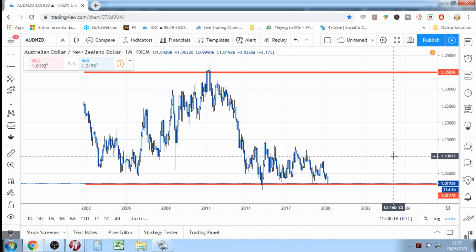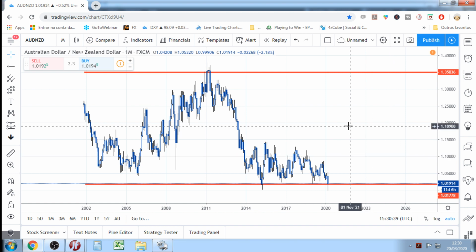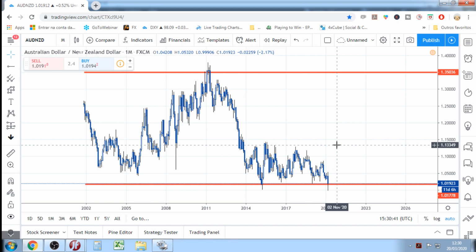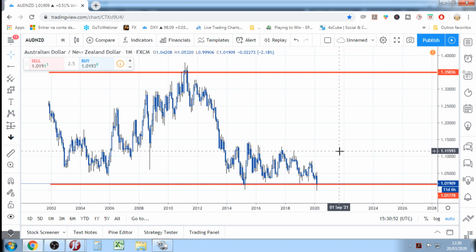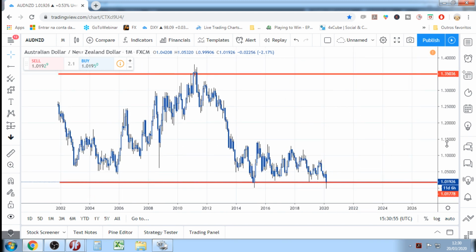Is the long-term direction short or is the long-term direction long? Should you be long on AUD NZD or should you be short? Long, correct, long.